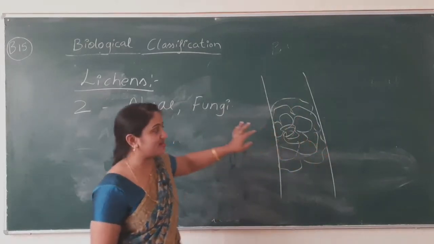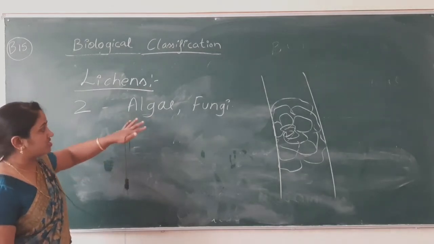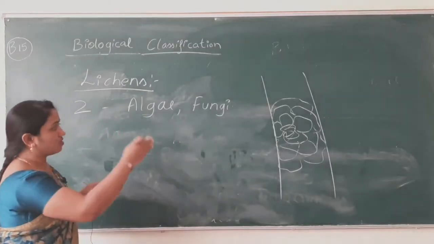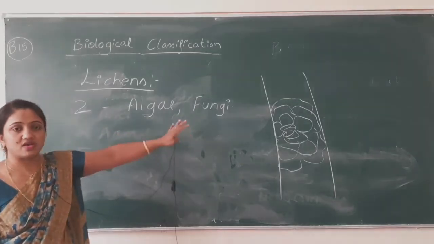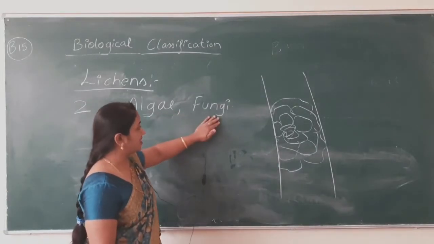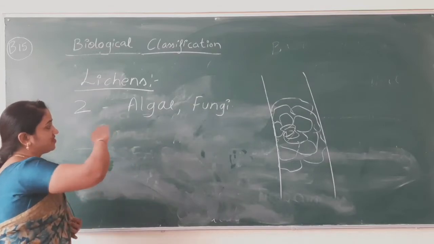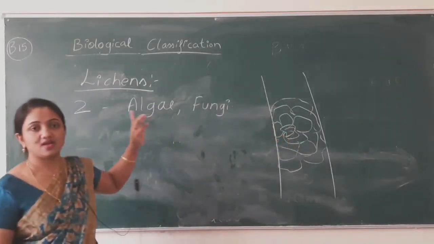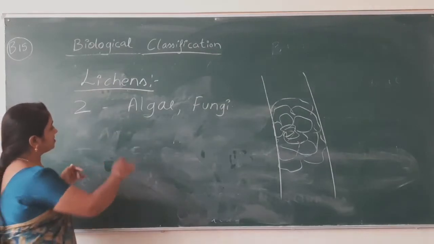It is not a matter of either algae or fungi. This is the matter of symbiosis, a mutual understanding between algae and fungi, where they both live inside the lichens.